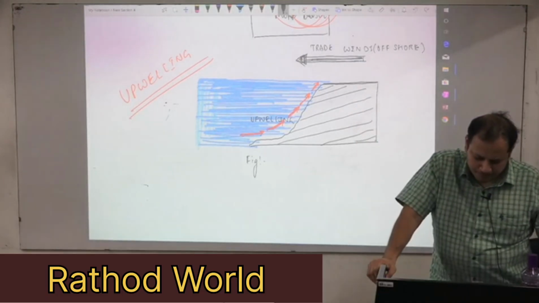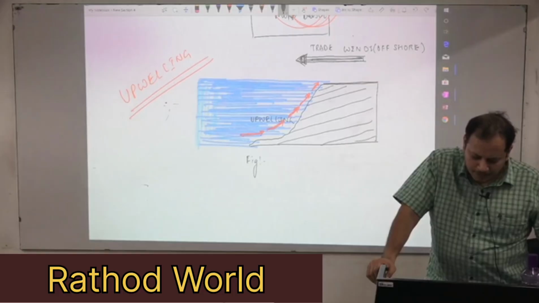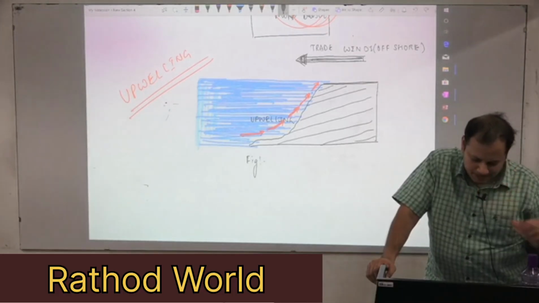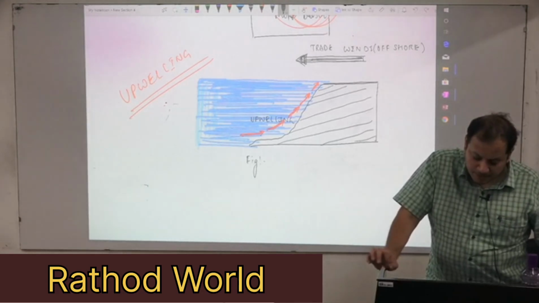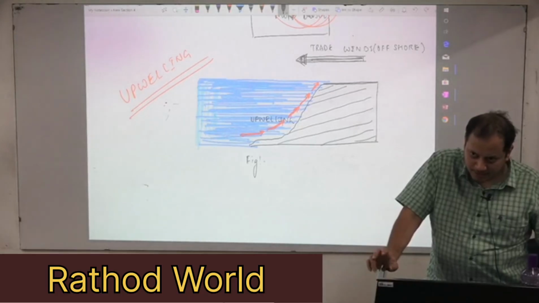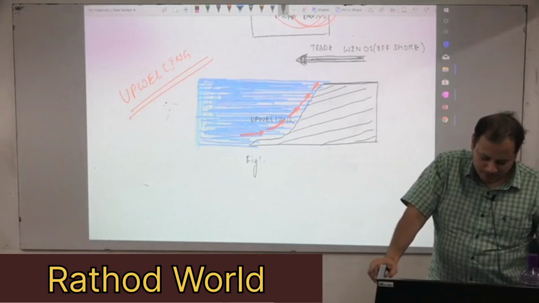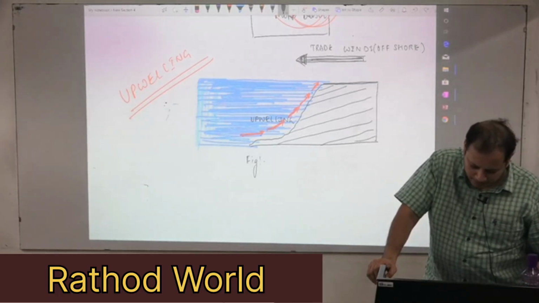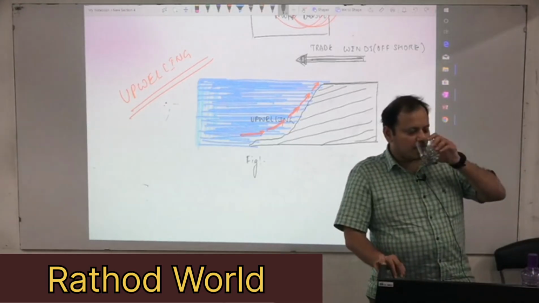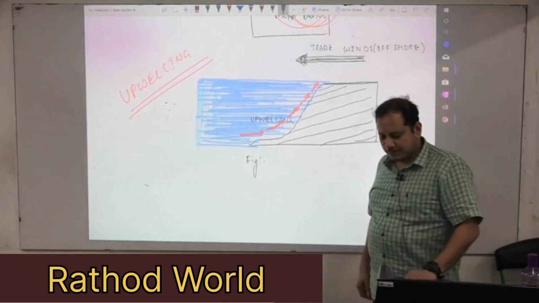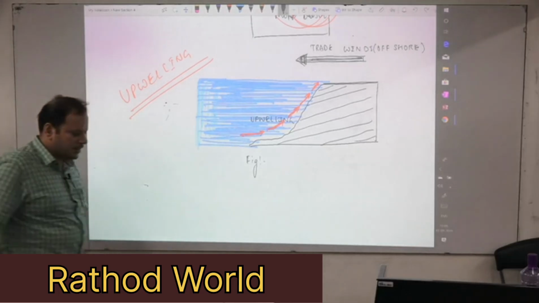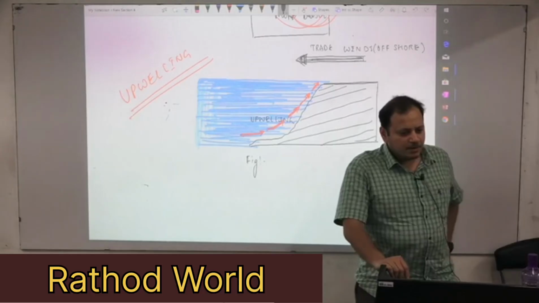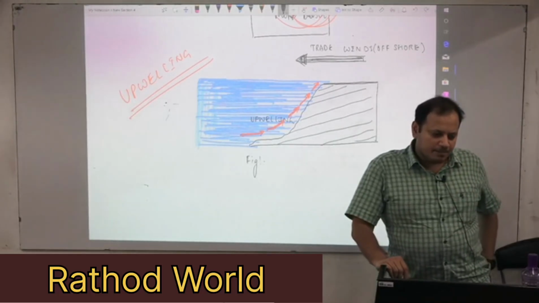So the benefit: it brings dissolved oxygen and nutrients, only two. UPSC asked in a past year whether it also brings bottom dwelling organisms. No, only dissolved oxygen and nutrients on the surface, thus supporting rich marine life. And therefore these regions are beneficial for fishing.